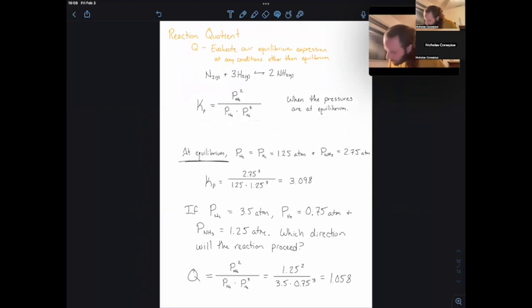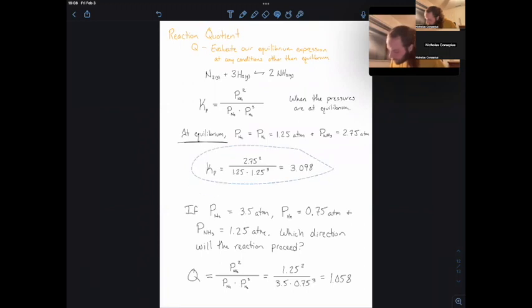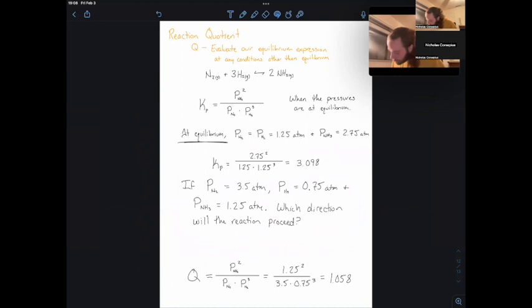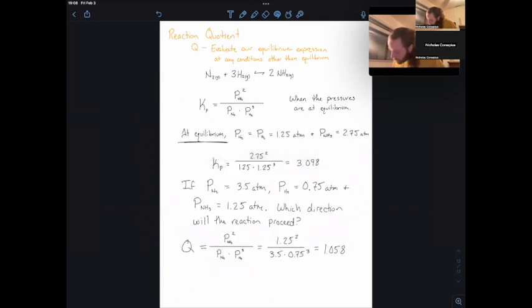So why is this useful? Because we can just take this value of Q and compare it to our value of K. And there's this very simple relationship that will tell you which direction this reaction is going to proceed. If Q is equal to K, then we're at equilibrium. Nothing's going to change.